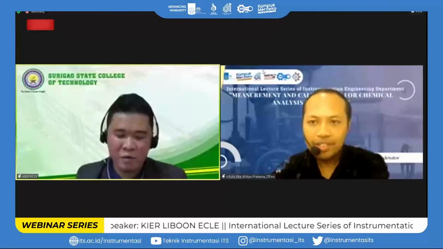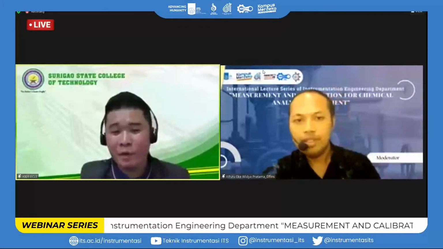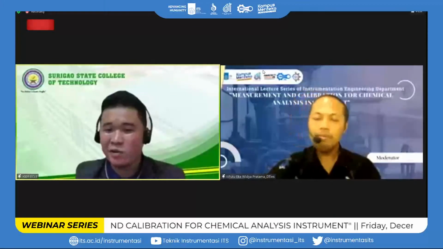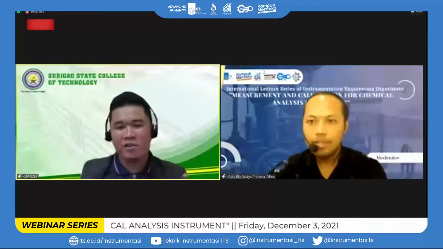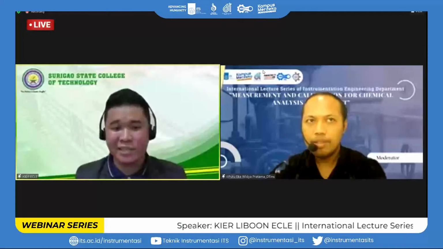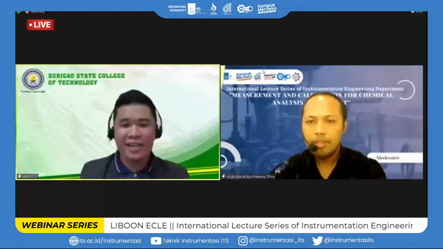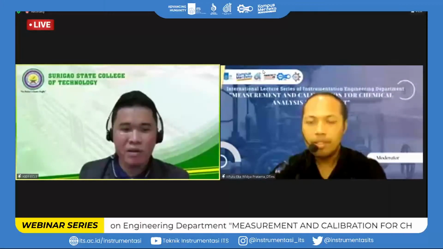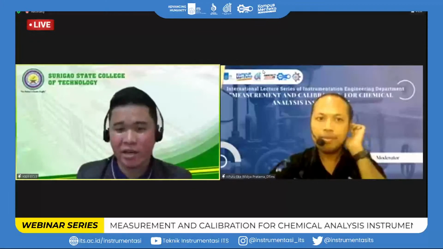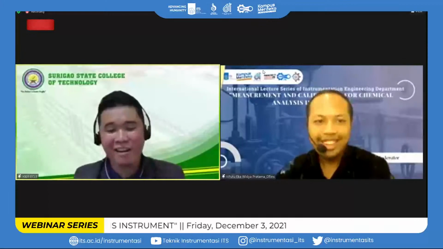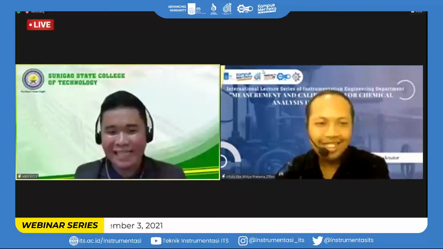In the UV-visible spectrophotometer, we use direct comparison, using the standard operating procedure, where you compare the standard measures with the data that you collected during the calibration. And the second one is the external calibration method, as I told you, using the calibration curve or the least squares method, or regression analysis.